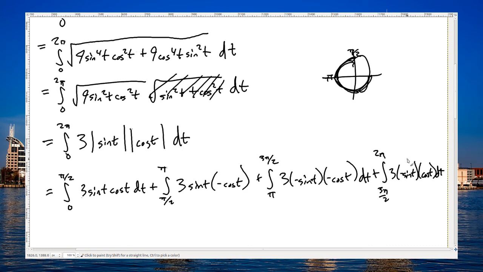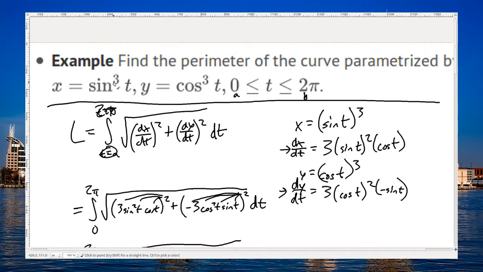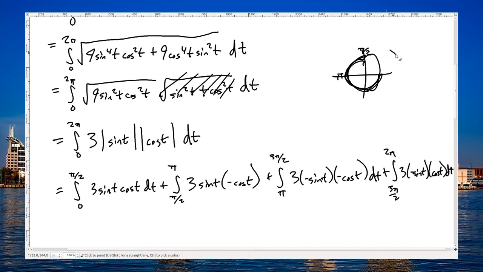All right, this is definitely what I would call the hard way of doing this problem because you have to do 4 separate integrals. But let me point out a little trick here. Since in the original problem, x is sine cubed and y is cosine cubed, this is like the case where x is cosine and y is sine.